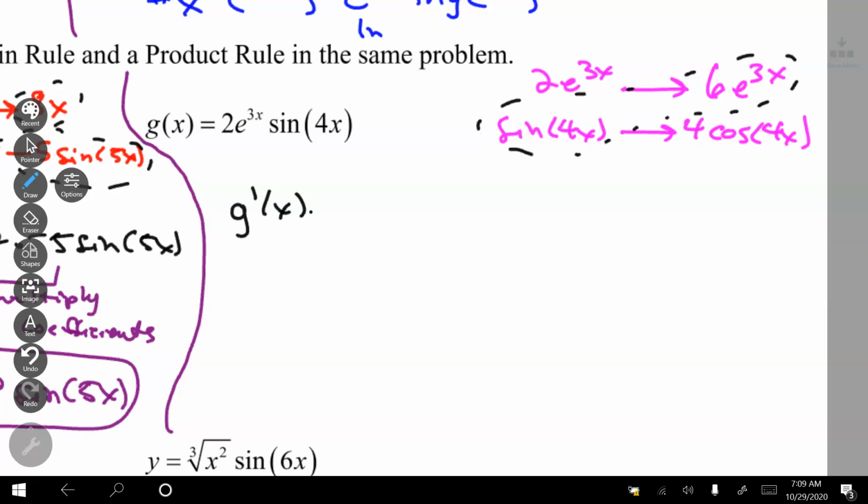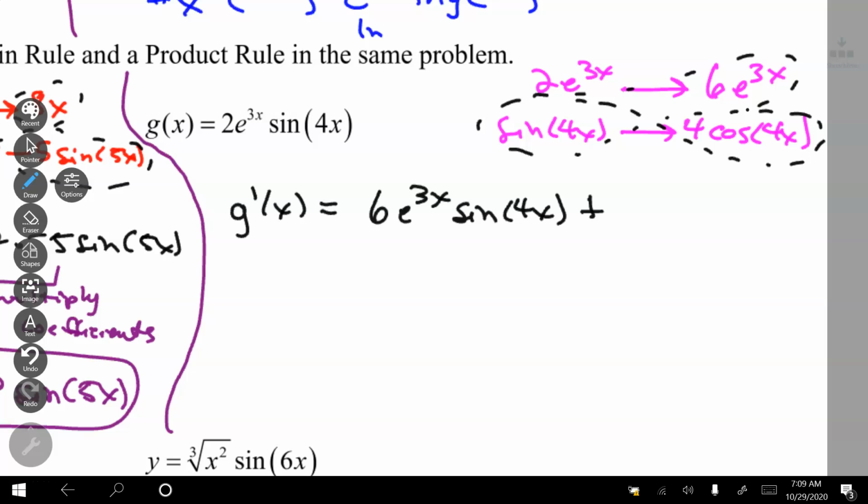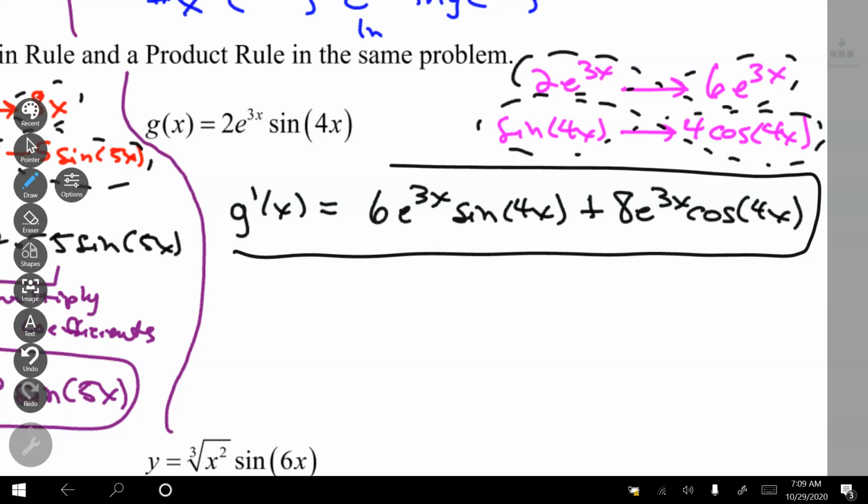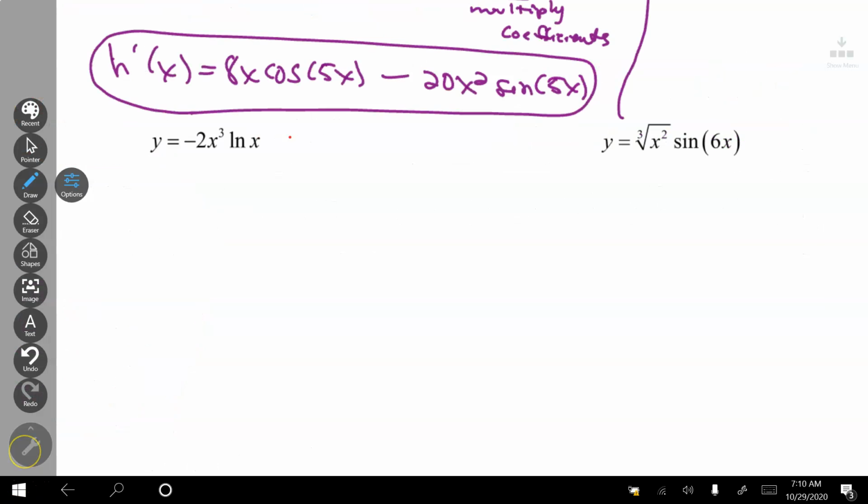G prime of x equals 6e to the 3x sine of 4x plus, and when I do the other way, I have to remember I have coefficients involved. I see a 2 and a 4, so it's going to be 8e to the 3x cosine of 4x. Okay? It's not that hard. You don't have to do anything more than that, but you do have to multiply those coefficients.